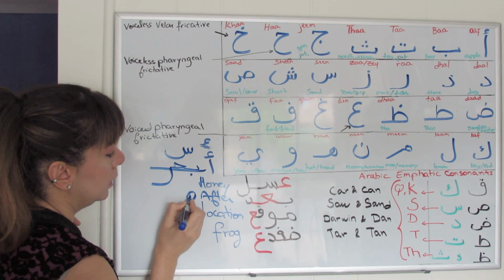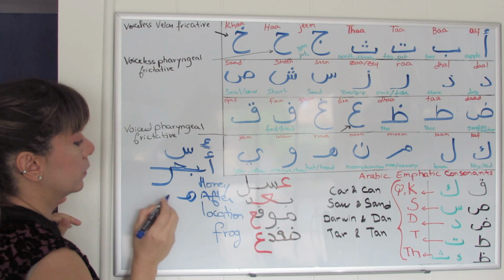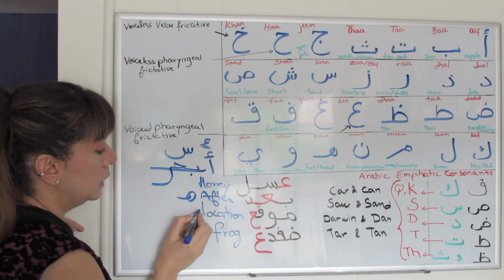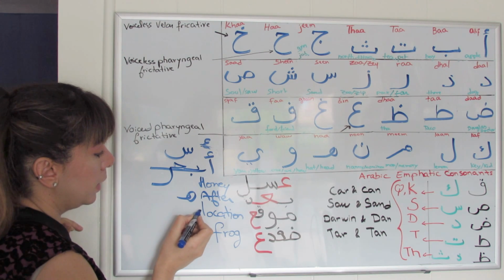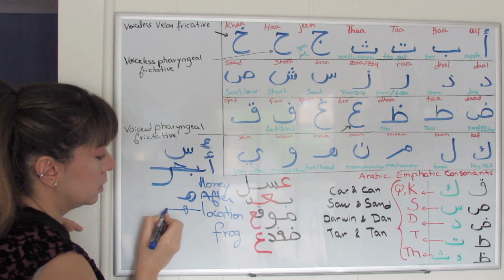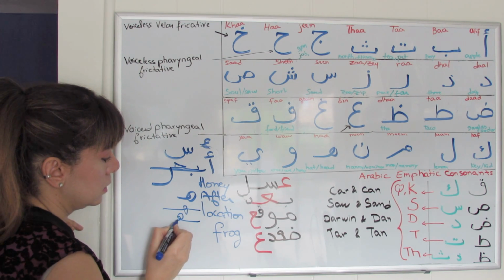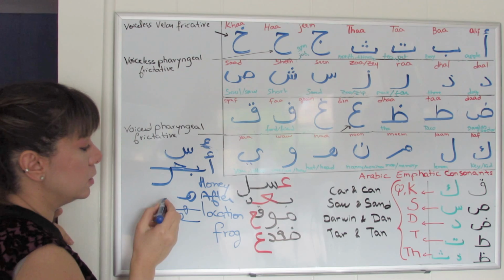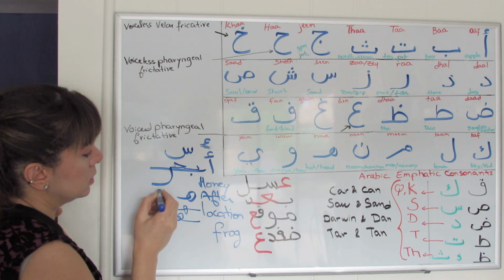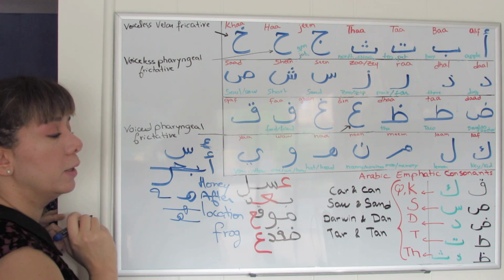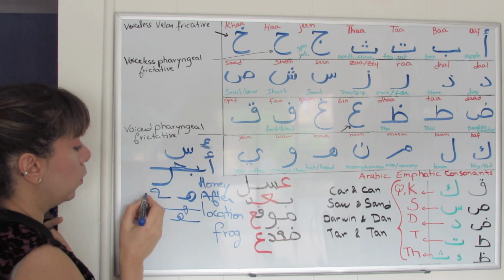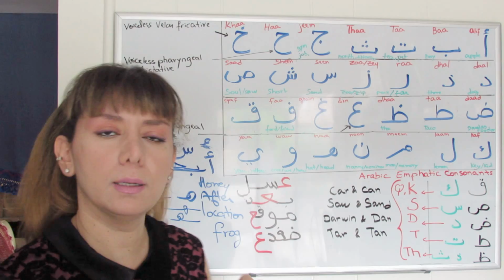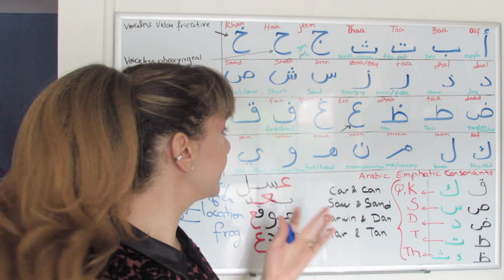Ha, in the initial form, or in the middle, it may be written like this, or like this. And in the final form, if it's connected to the right, it may look like this, or if it's isolated in the final form, it may look like a circle. Ha, like hat, head.